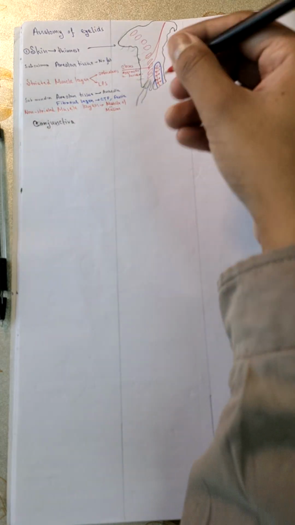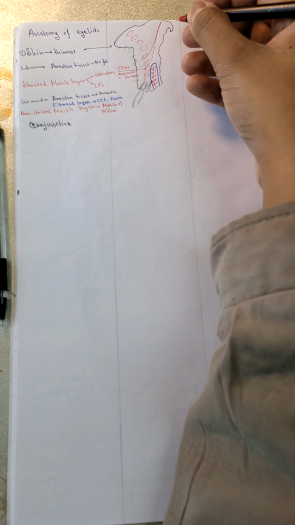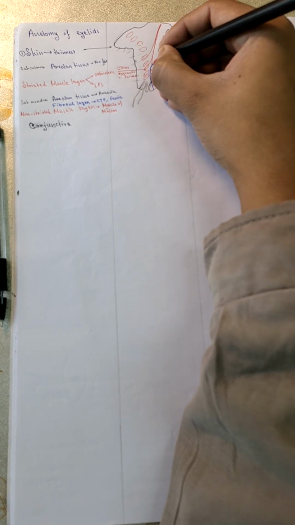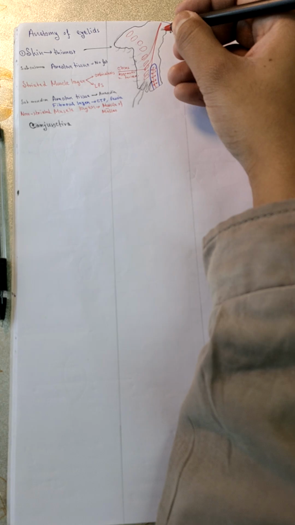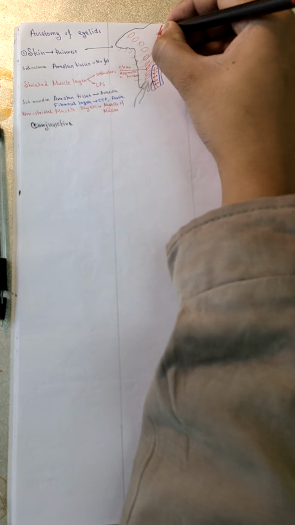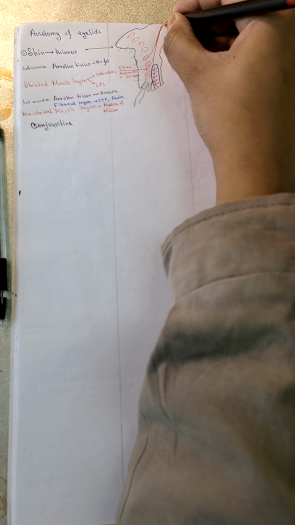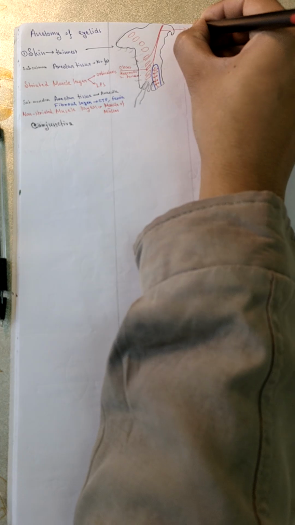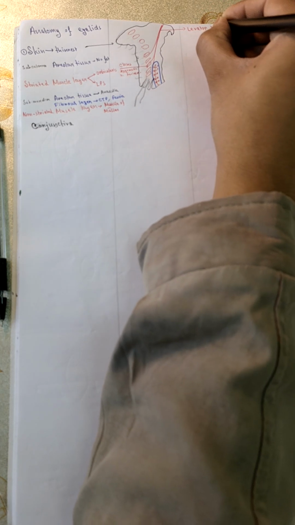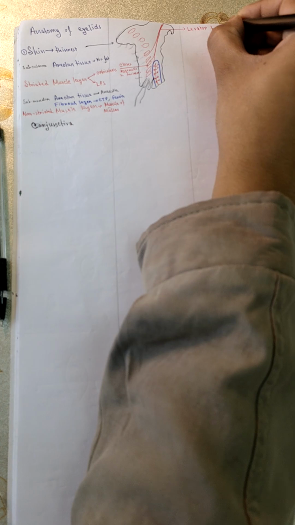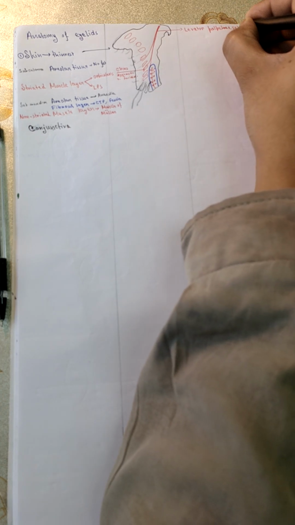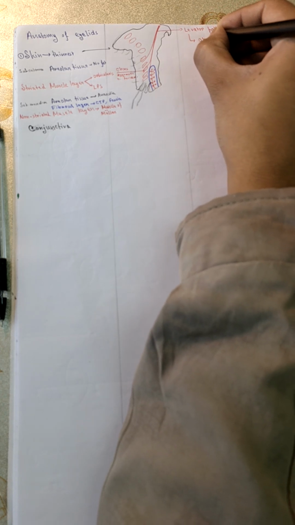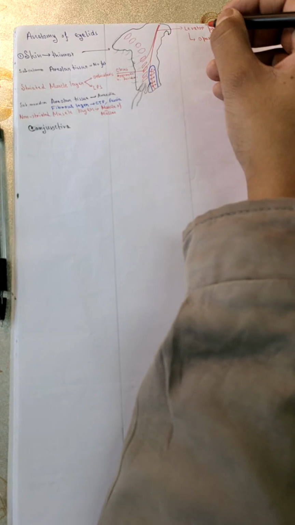So this is the levator muscle, the levator palpebrae superioris. It opens the eyelid when it contracts.